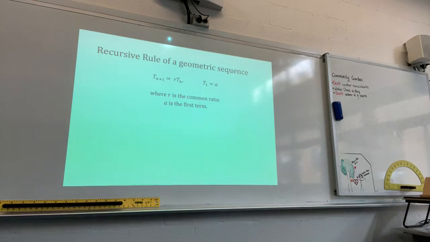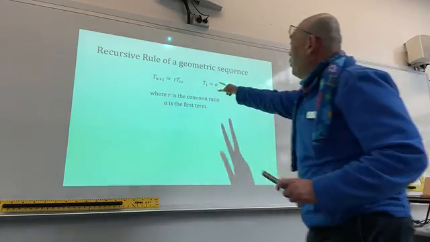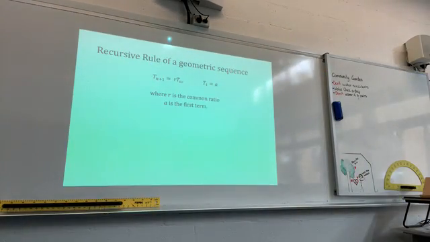The recursive rule of a geometric sequence: Tn+1 = R times Tn, and T1 = A. What you need to know is that for a recursive rule, you must always state your first term, which is A in this case, and then Tn+1 is the ratio times the previous term.